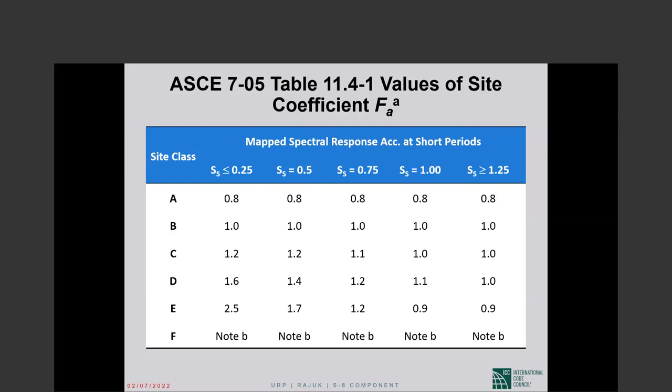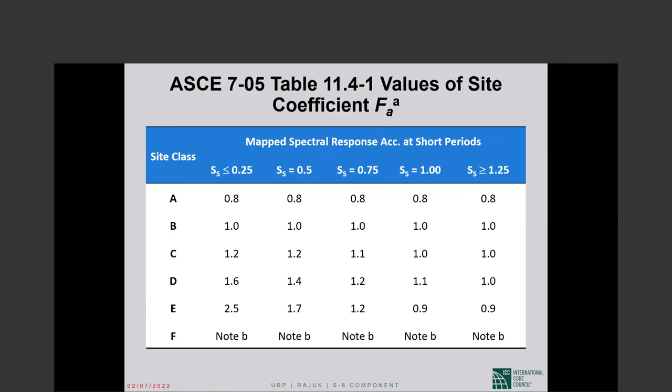F sub A would apply to the short period spectral acceleration. And F sub V is the other site coefficient. Sub V means velocity related. That is the long period site coefficient that will apply to the long period ground motion S sub 1.